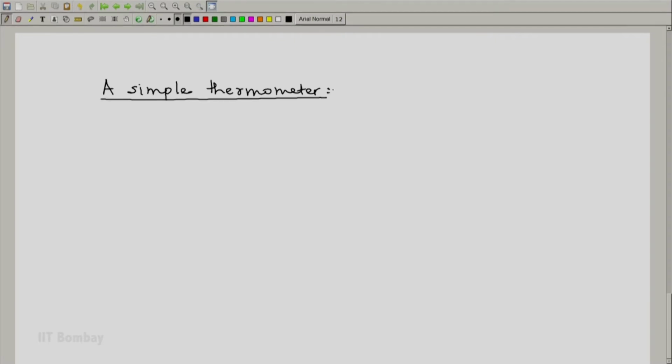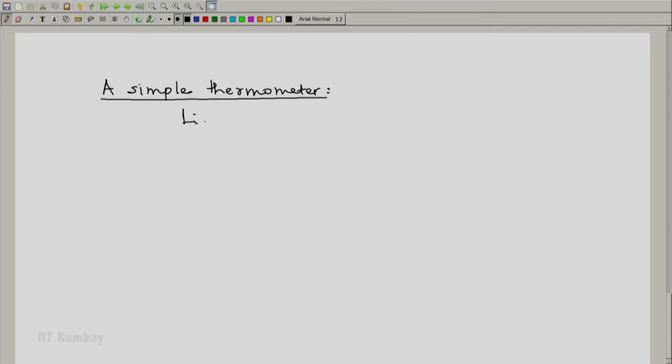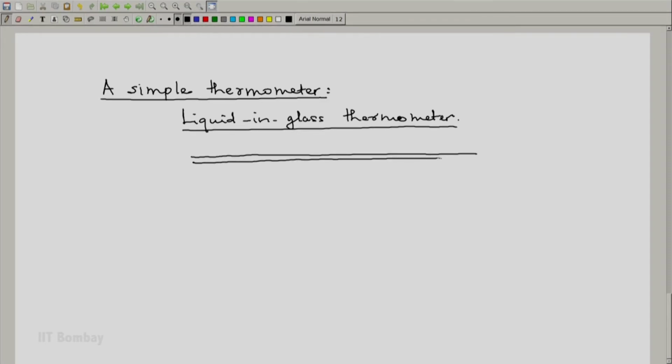This is the type of thermometer which all of us have seen at home, in schools, in various offices. This is earlier known as the mercury in glass thermometer, now better known as the liquid in glass thermometer. And this system has a long capillary, exaggerating the bore, and at one end there is a bulb.